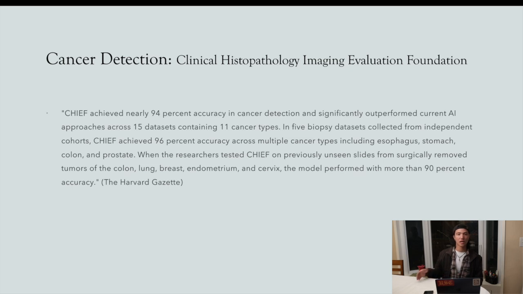It did a lot of cancer tasks to identify which in just a matter of microseconds. And they're currently still trying to perfect this machine so that it could be rolled out into hospitals soon.